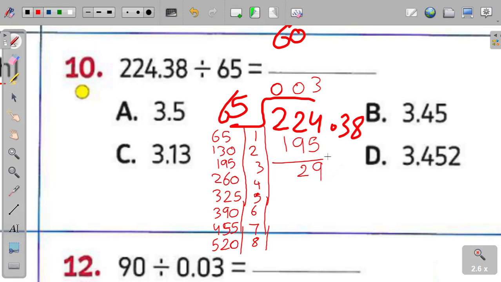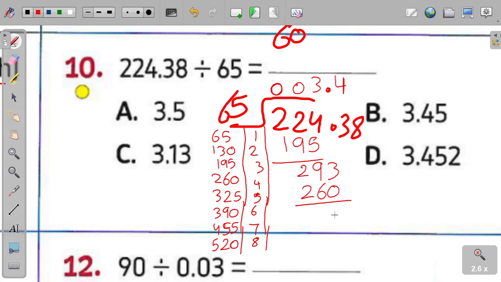Okay, so next I have the decimal point, so I will put the decimal point right here. And next I have 3. So 293 is between 260 and 325, so I would take 260. 260 divided by 65 will be 4.